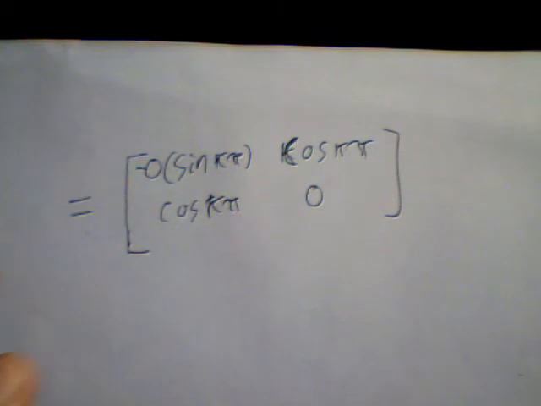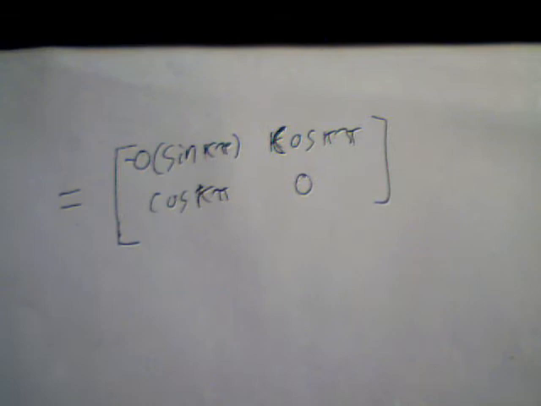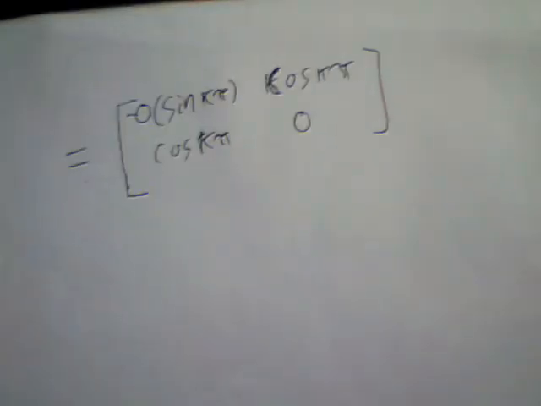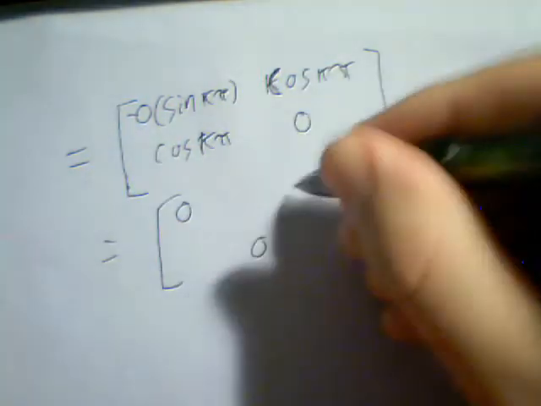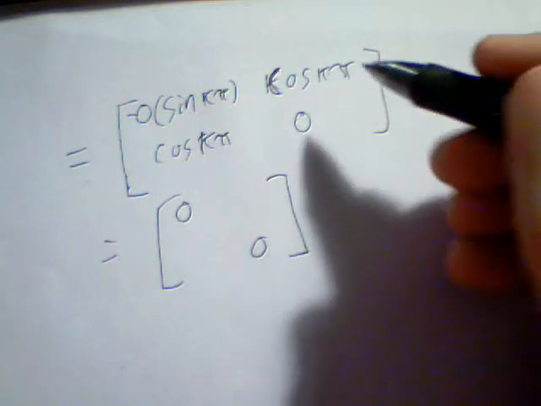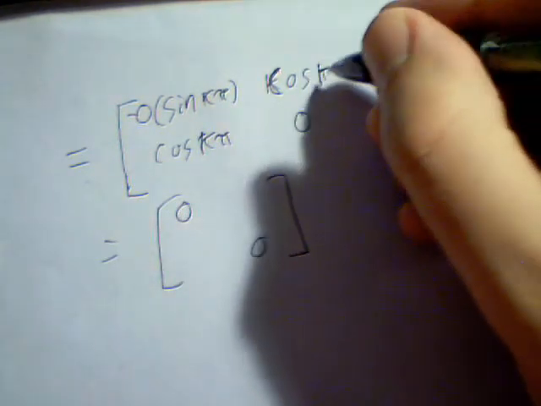And I can rewrite this. Alright, so clean this up. This diagonal is going to be zeros, and cosine of k pi, well, it depends what k is.